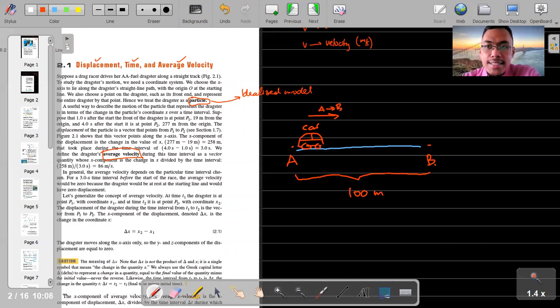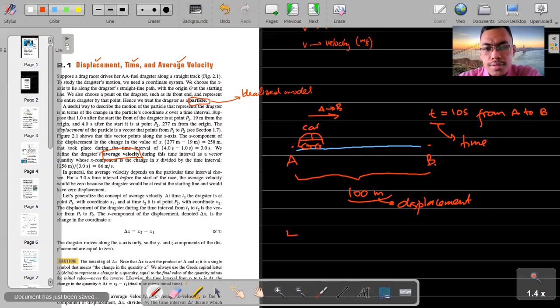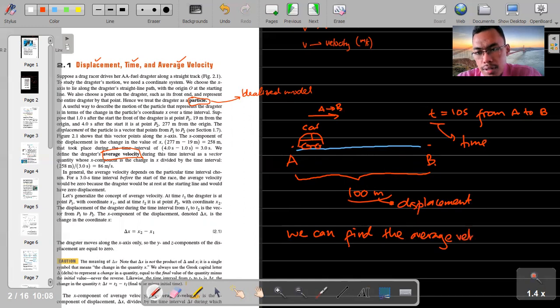And the time needed by the car is, let's say, 10 seconds from A to B. So in this case, from this situation, because we have the displacement and also we have the time, we can find the average velocity.